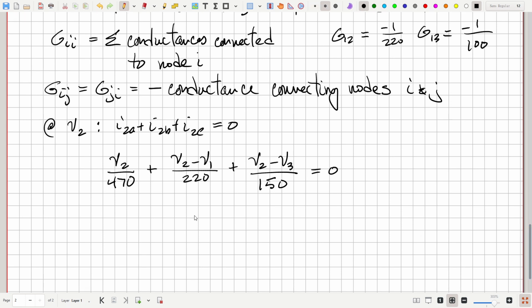And so we can rearrange that. Let's see. So for V1, we've got minus 1 over 220. And then for V2, we've got three terms, 1 over 470 plus 1 over 220 plus 1 over 150. That's times V2. And for V3, we just got this one term, minus 1 over 150.